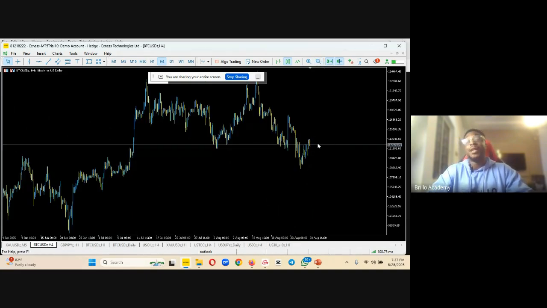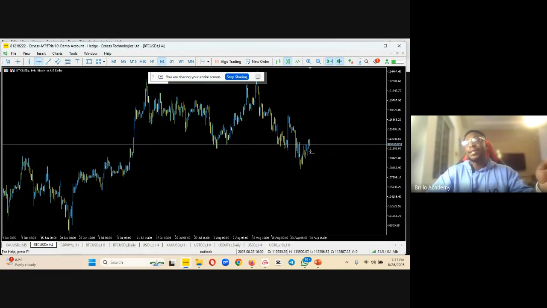If I'm selling Bitcoin from this zone, it means that I am selling at the current market price, which is known as instant execution or market order, right? If I'm selling at this current price, the white line is known as instant execution or instant order, all right? But this time, I don't want to sell it at the current price. I want to sell it from a particular level.